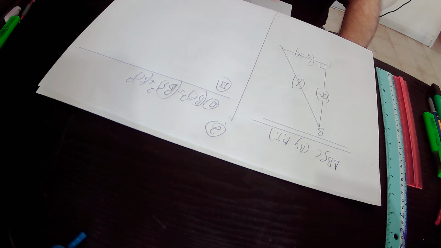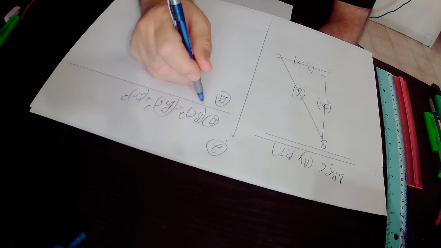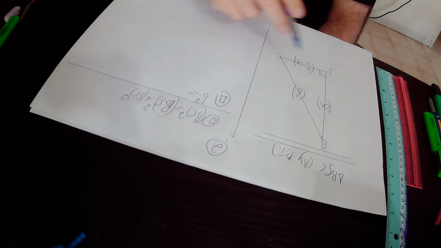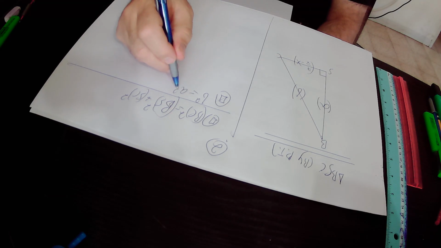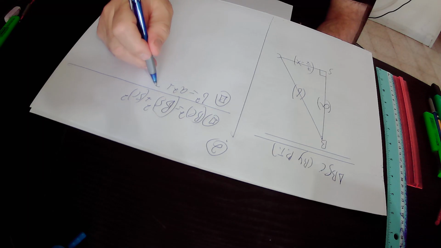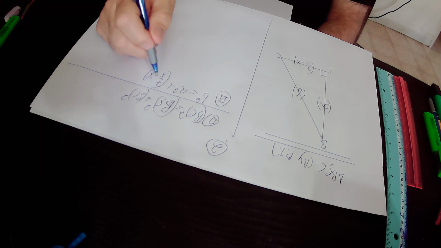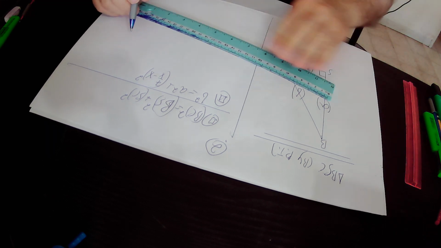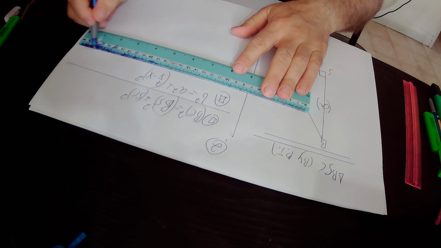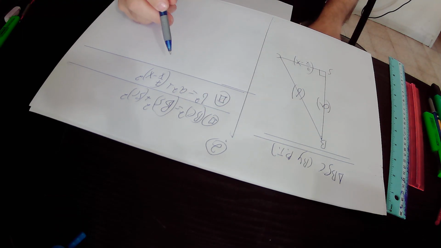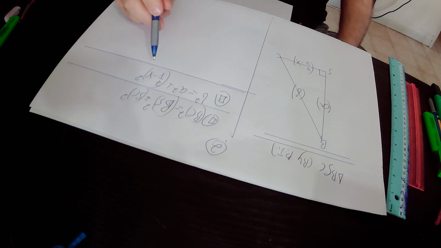The hypotenuse BC equals b, therefore BC square is b square, and it equals BS square. BS is a, therefore BS square is a square, plus SC square. SC equals 7 over x minus x, therefore SC square equals (7 over x minus x) square. So according to equation 2, we found that b square equals a square plus (7 over x minus x) square.